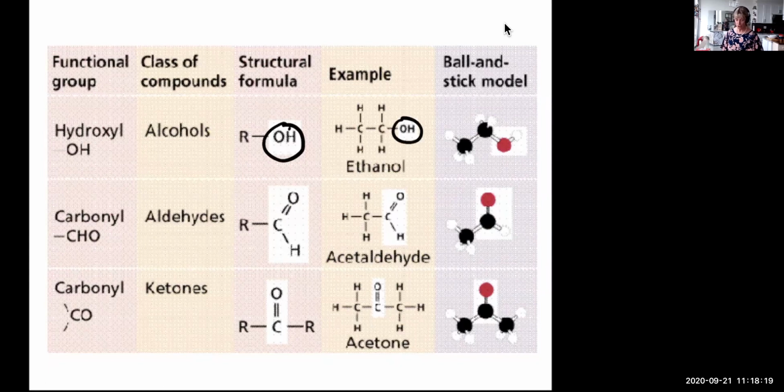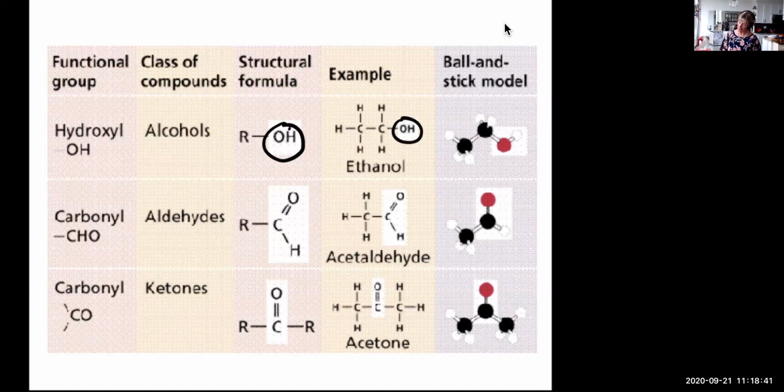Carbonyl is another functional group attached to a carbon backbone, and they are your aldehydes, for example. Aldehydes can cause odors like cinnamon. Cinnamon has an aldehyde that causes that cinnamon odor. And it looks like this.